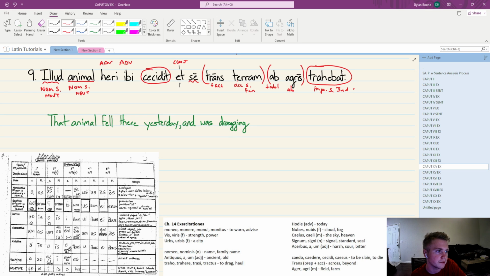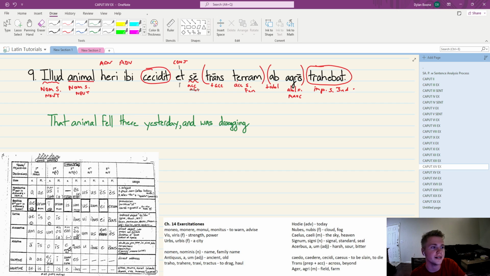It's an ablative singular, masculine. Lastly, we have se, the reflexive pronoun, which we've learned about recently. So that can be accusative or ablative. However, with everything else being a part of a prepositional phrase here, we're looking for a direct object on this trahebat. So we need this to be an accusative here to supply that direct object.